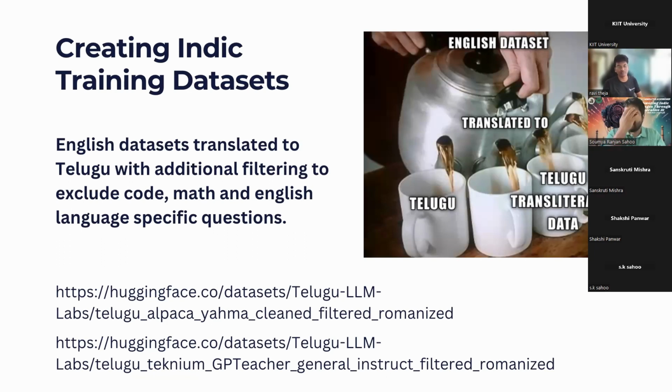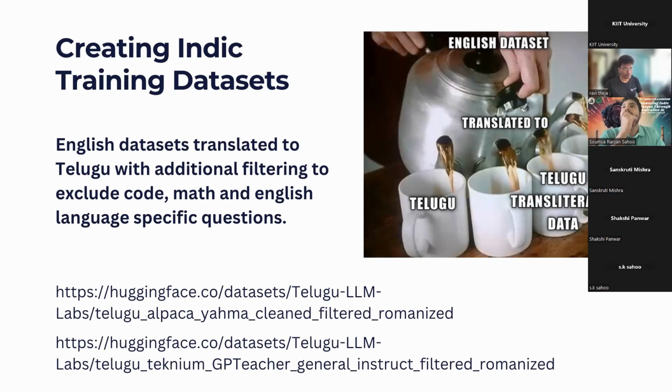But when general datasets are translated, most of these English datasets have questions like "translate the following sentence to French," or "write a function for the Fibonacci series," or "solve some mathematical problem."